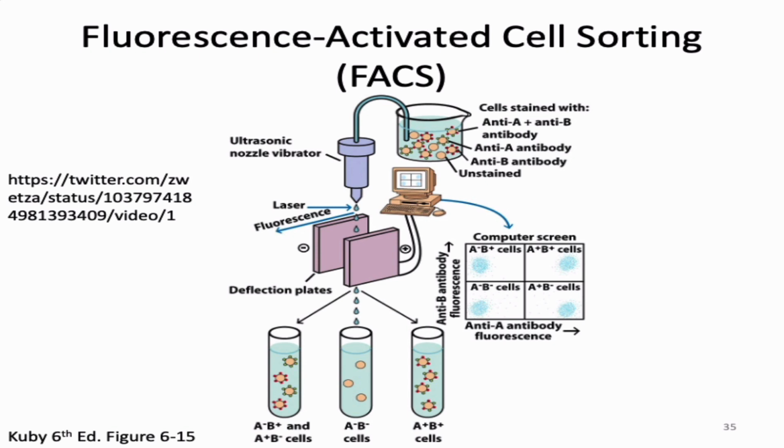So if you remember when I described flow cytometry to you before, we had our sample, it went through our machine, it went by the laser, we got stuff in the computer, and then it went in the trash can. Here, we don't go in the trash can. There's a modified part at the end.